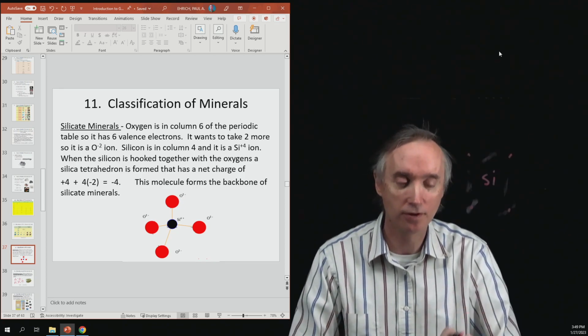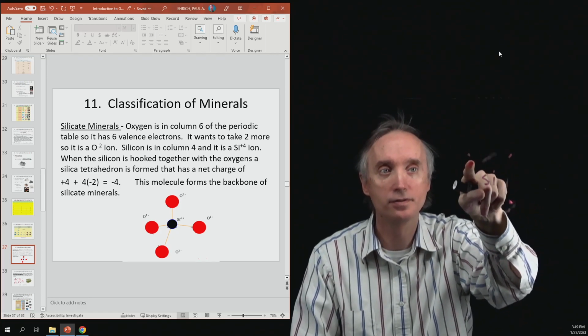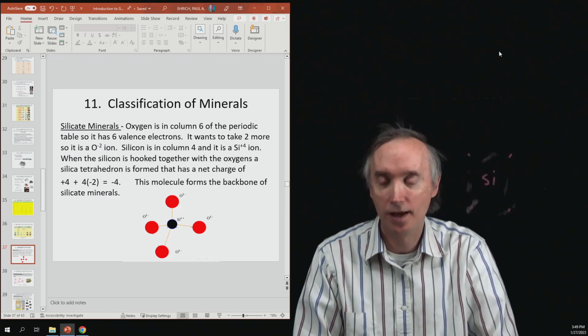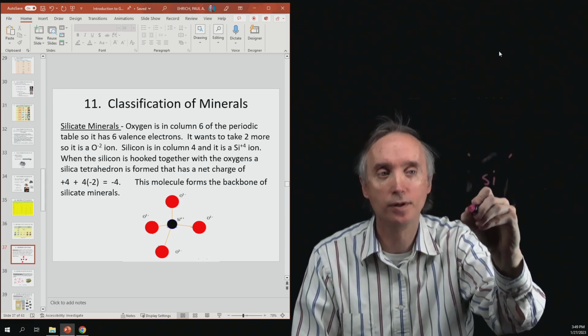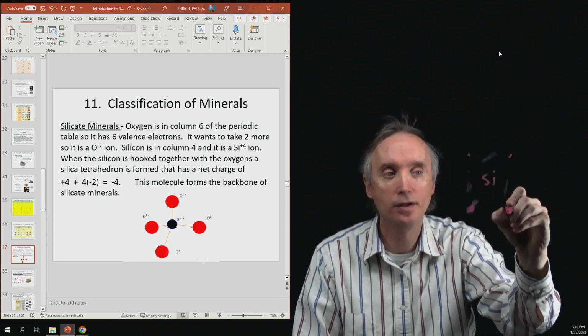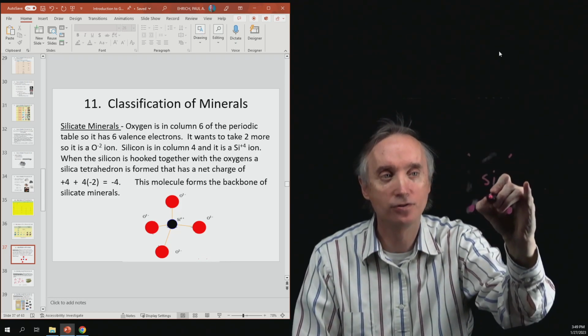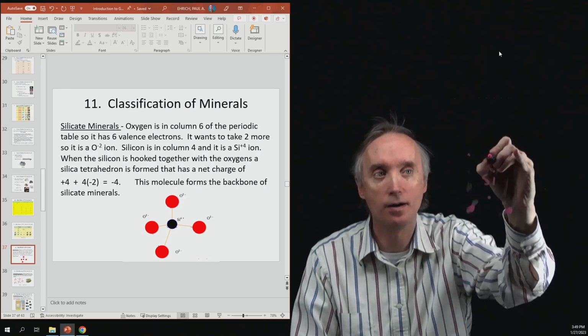But anyway, getting back to this, we've got 4 electrons that need to be as far away from each other as possible, and they're going to make kind of like a pyramid. One of them will be here, and another one will be here, and then a third one, which is kind of hard to draw, would be behind the silicon, and then you'd have one on top.